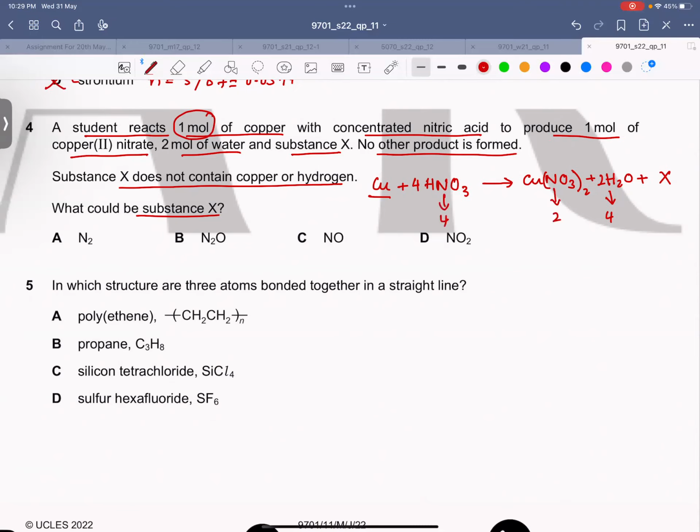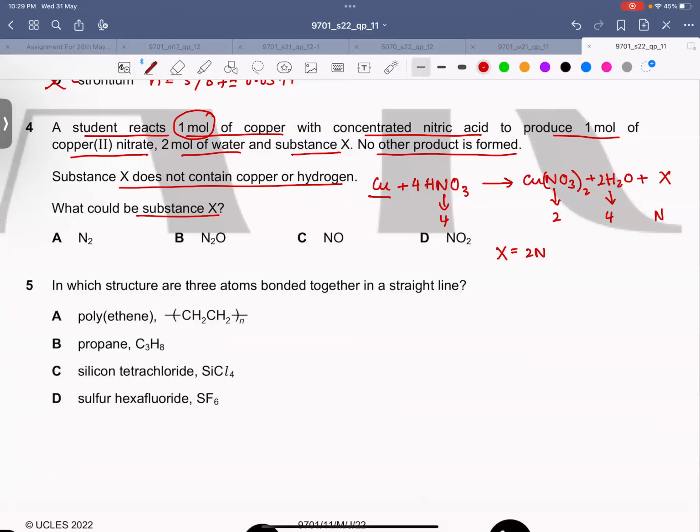So it means that X must have nitrogen, and there are 2 nitrogens.